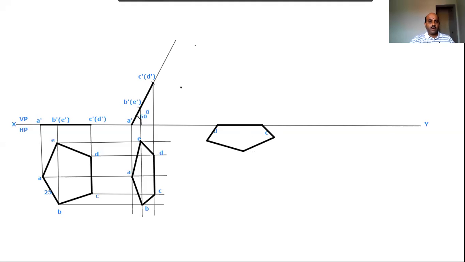Okay. So now all the points, this is C, this will become B. This is B. And this will be A. Sorry.